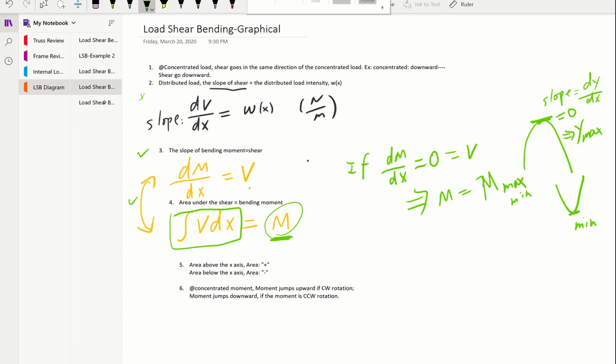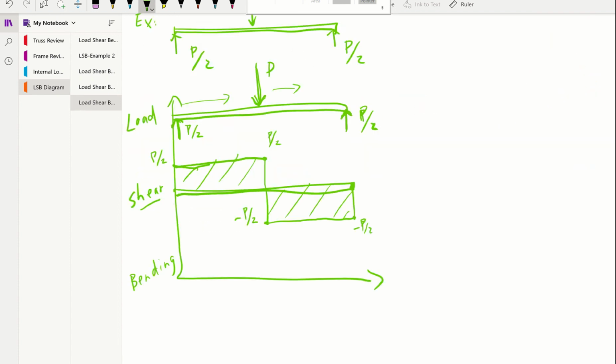So if you already have a shear profile, the area underneath the shear is going to give us our bending. That's why we call this a graphical approach. And be aware, this area has positive and negative. If it's above, it's positive. Below, it's negative. So bear those rules in mind. We're going to apply that.